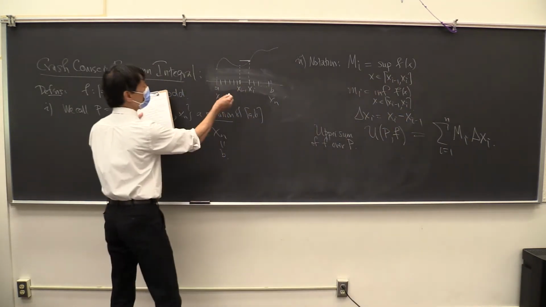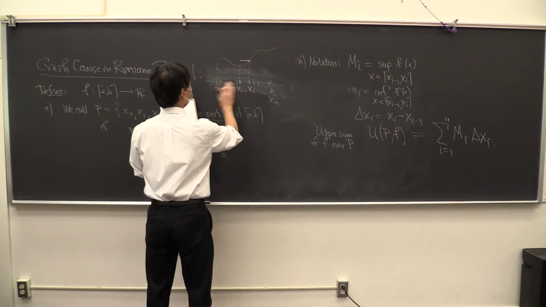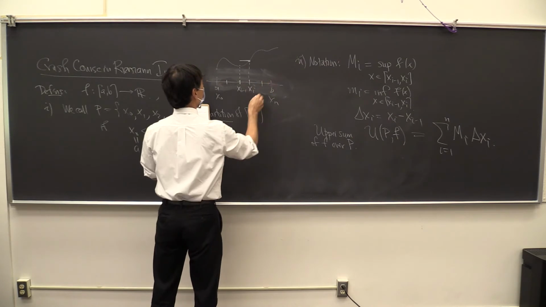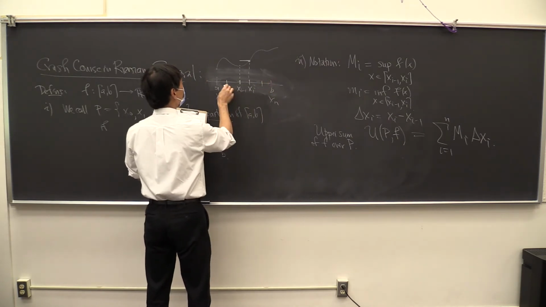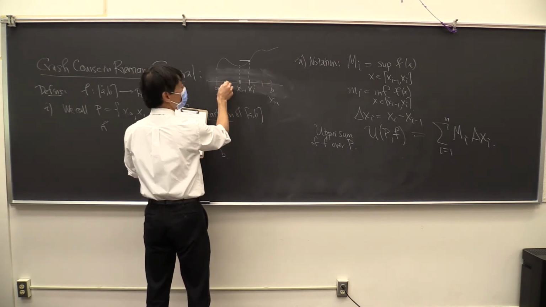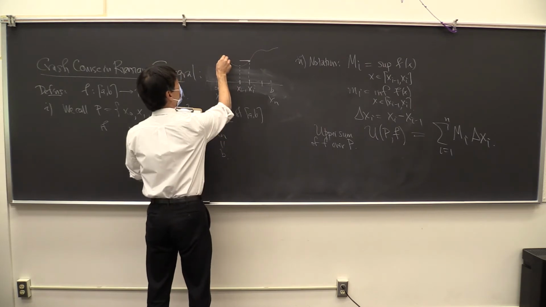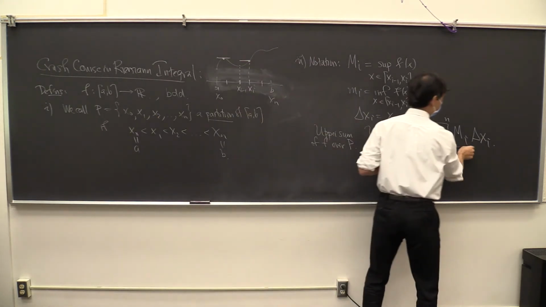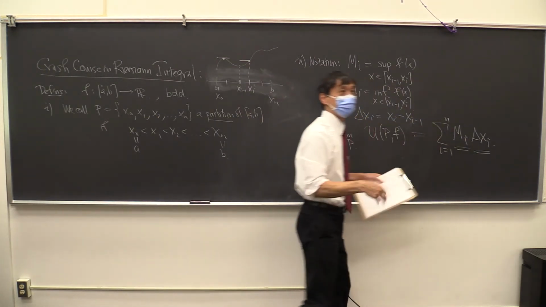So you take your partition. Let me make my partition a little bit coarser so I don't have to do too much drawing here. Over each piece of the partition, you take the maximum value and you multiply it by the width of the base.